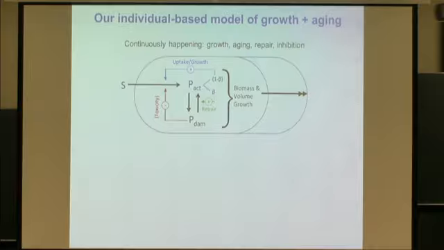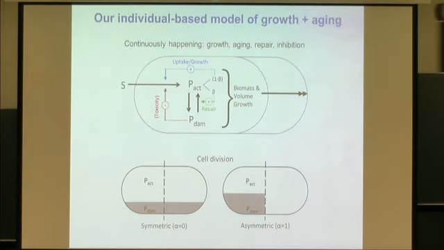So repair in our model is also costly, because it takes active protein away from the growth process. And that's very important, that you have a cost for this in the model. And the cell division is, as usual, either symmetric or asymmetric or somewhere in between.